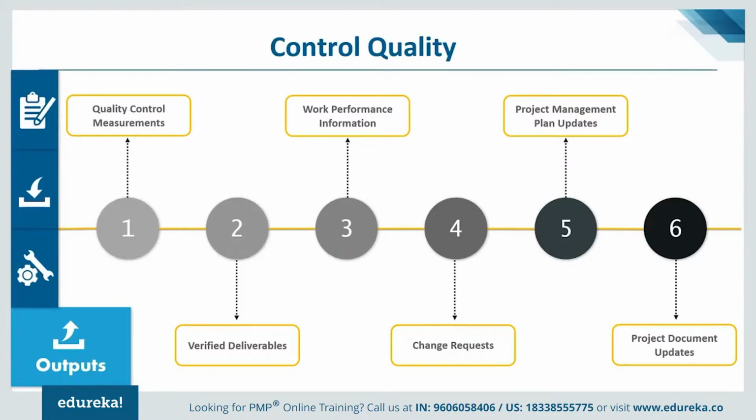We do a deep dive when we deliver the PMP training program. We get into each of these tools and techniques, inputs, and outcomes in much more detail, and we also take a lot of different examples as a part of this. But in this webinar, we have just given you the introduction to quality management as a part of the quality management knowledge area within PMBOK 6th edition.